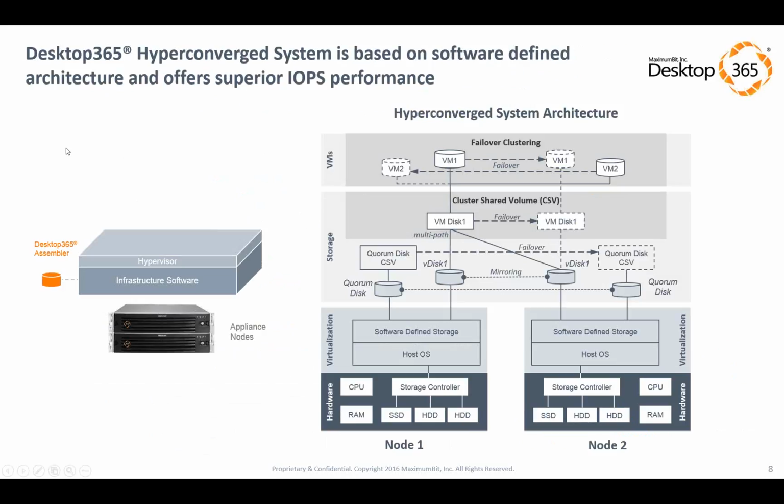Now, the next slide is a high-level overview of the hyperconverged system architecture. The beauty here is that with two nodes, we are creating redundancy at the storage level. So it's like two storage nodes, and they are mirrored, so each node has exactly the same data.